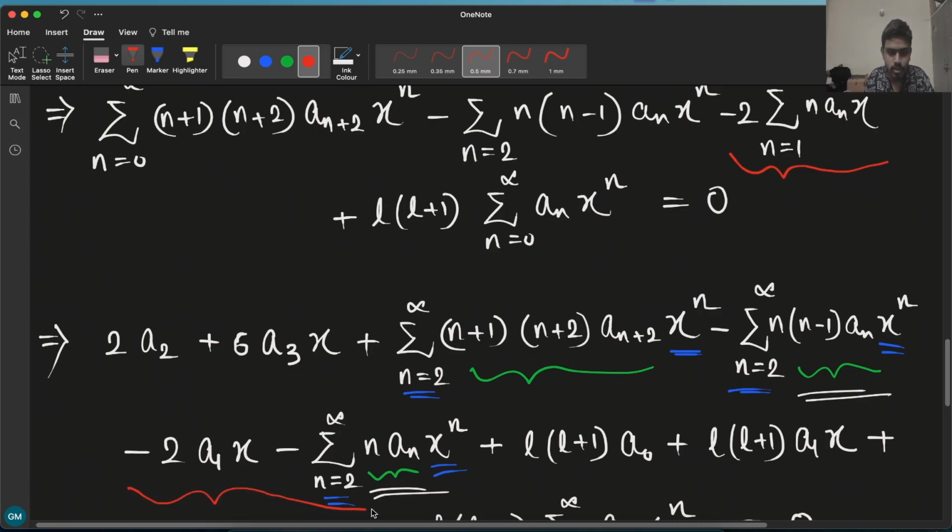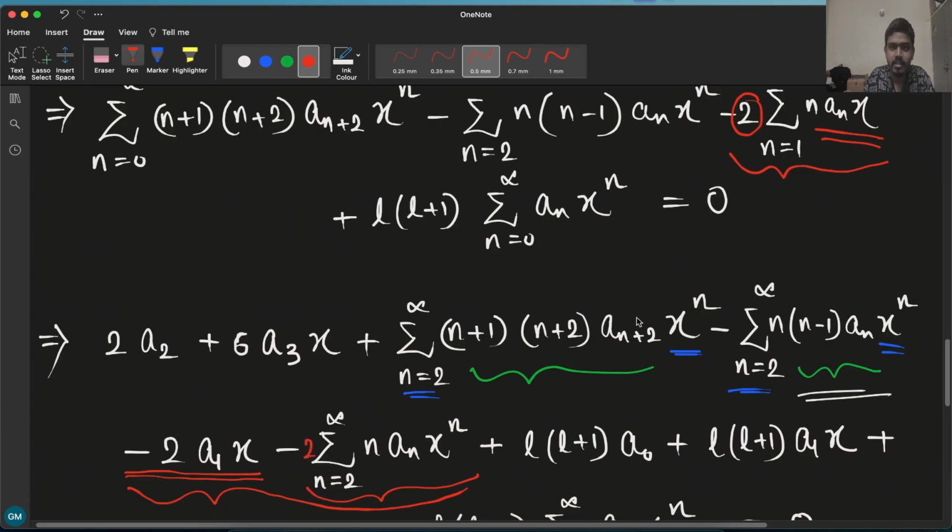This is for n equals 1. The n equals 1 term is this term minus 2a1x, and all the other terms that I wrote here, n equals 2 to infinity n a n x to the power n, but I missed this 2 factor. So there will be a 2 here.